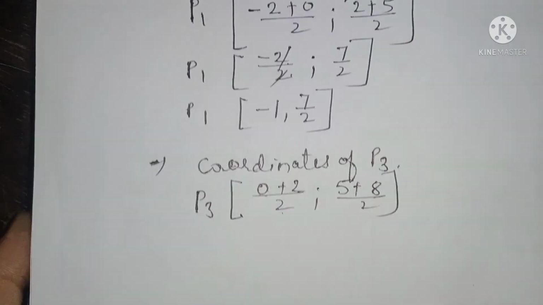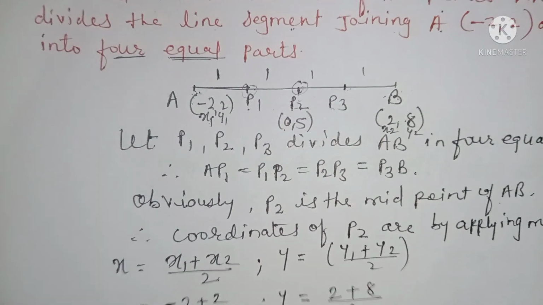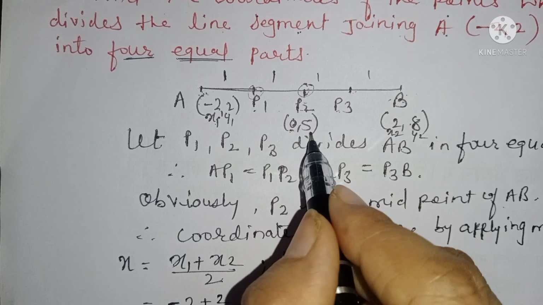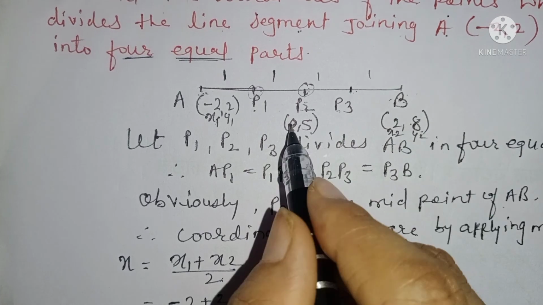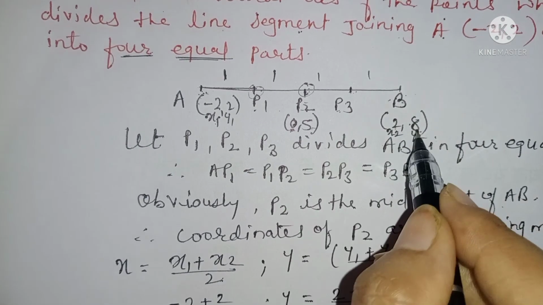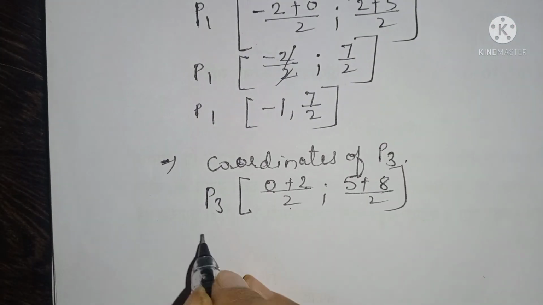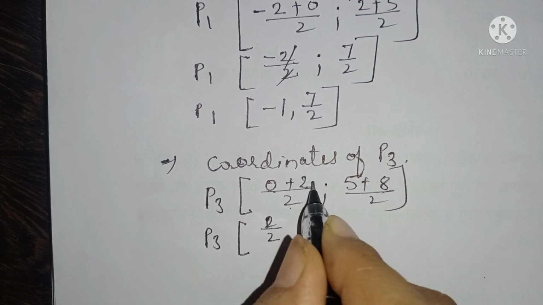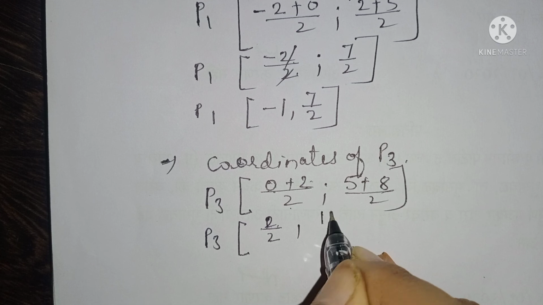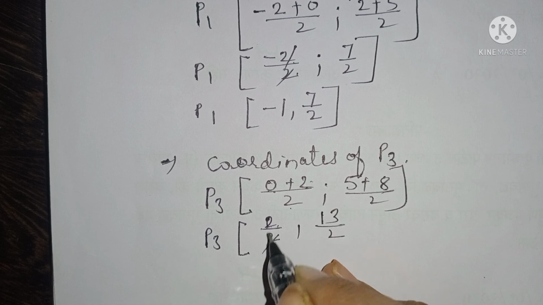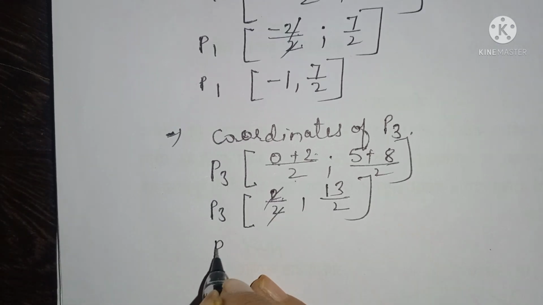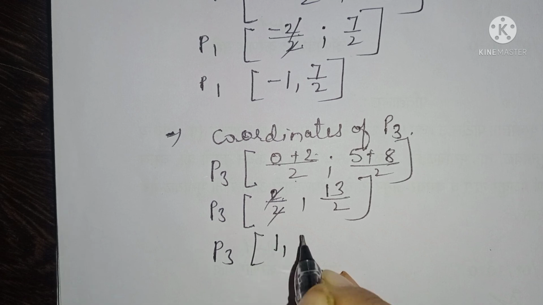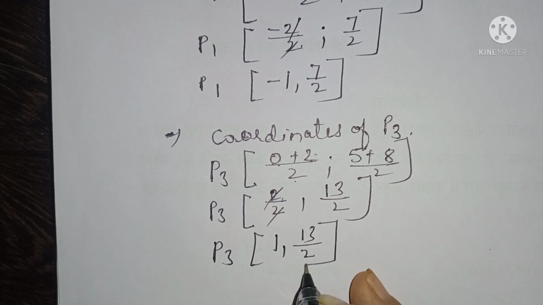Look at the figure here. This is x1 y1 and x2 y2. So 0 plus 2 upon 2 and 5 plus 8 upon 2 to find the coordinates of P3. So 0 plus 2 is 2, 2 upon 2, and 8 plus 5 is 13 upon 2. Two ones are 2, two ones are 2. So the coordinates of P3 are 1, 13 upon 2. That's all.